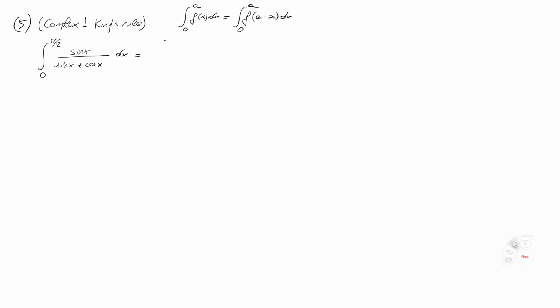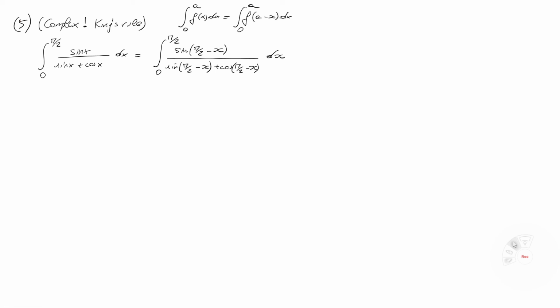So what that gives us here is that the integral transforms into the integral from 0 to pi over 2 of sine of pi over 2 minus x divided by sine of pi over 2 minus x plus cosine of pi over 2 minus x dx.